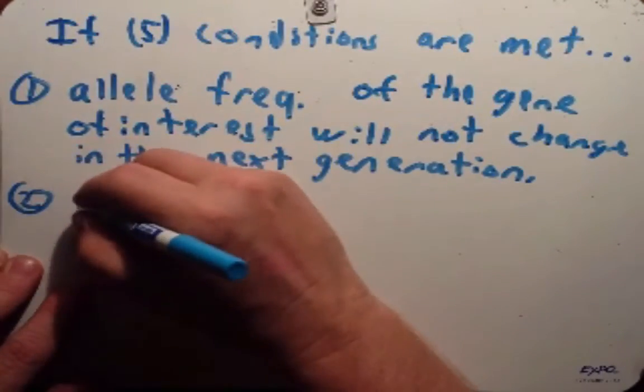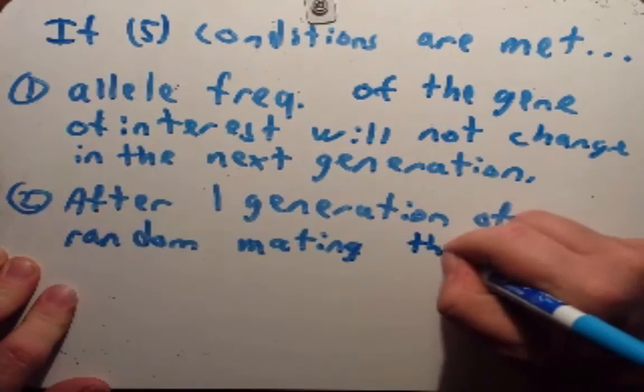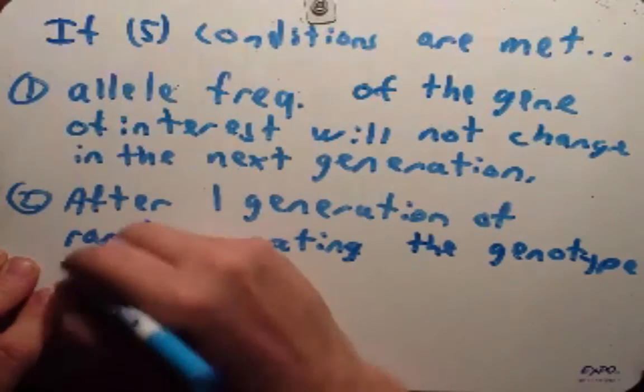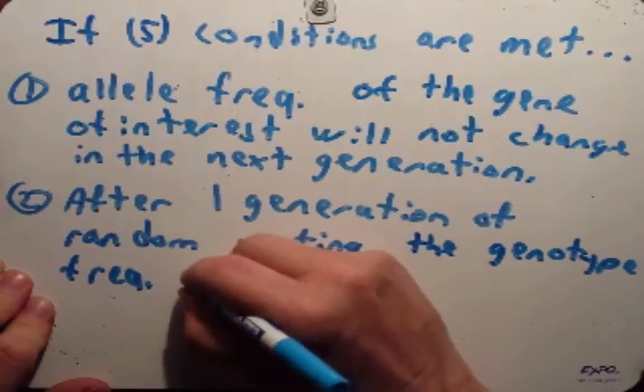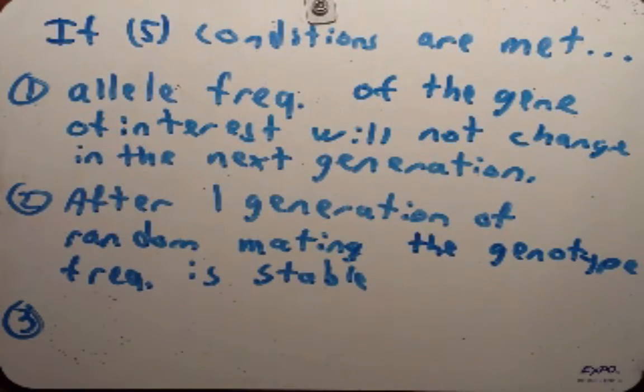Other thing we know is that after one generation of random mating, the genotype frequency is stable.